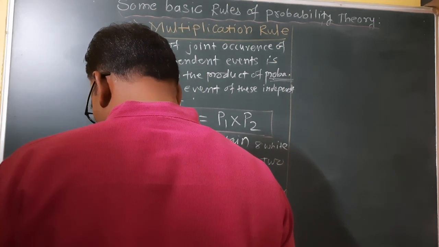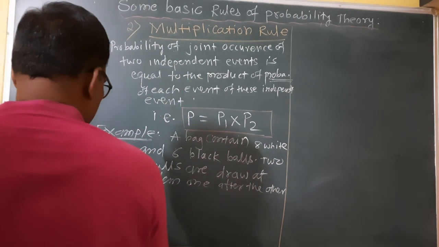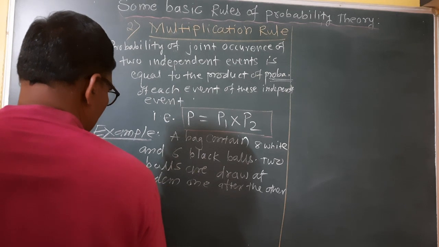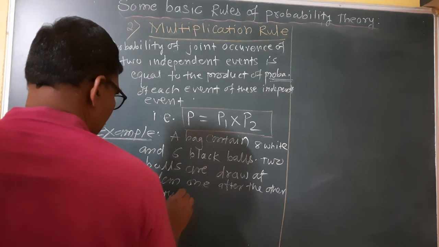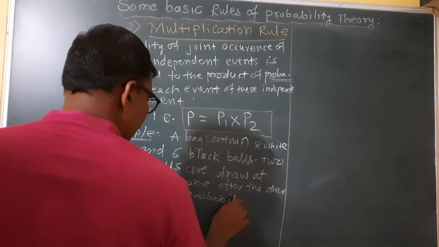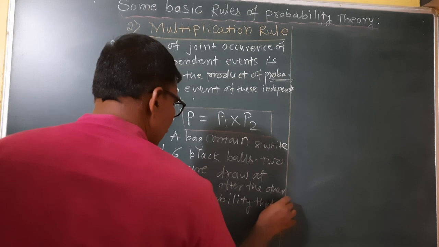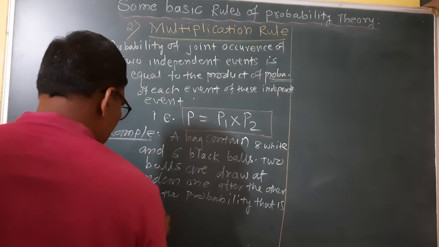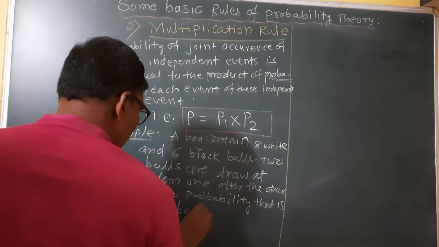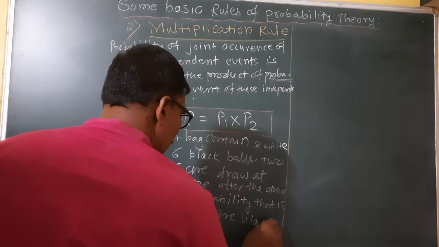What is the probability that both balls are black?